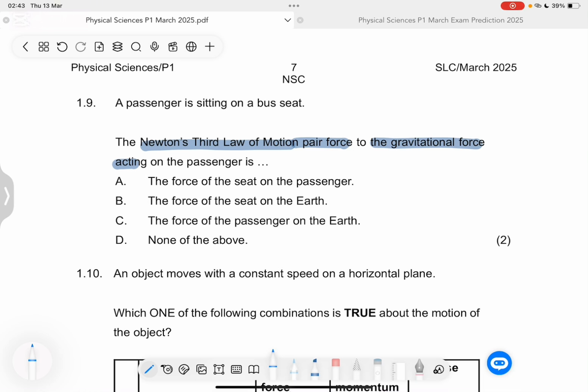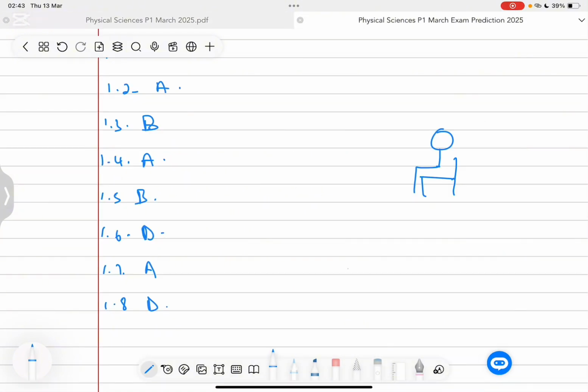So we are told here that the force that acts on the passenger is the gravitational force. That means that we have the Earth here, the bus is moving on the Earth's surface, right? This is the Earth, and this is the passenger. Now, the Earth, obviously, we all know that it attracts every object towards its center.